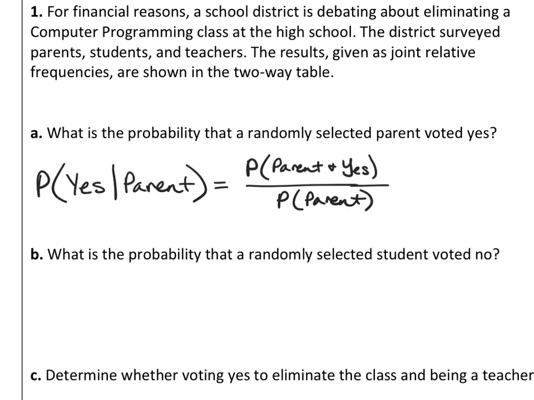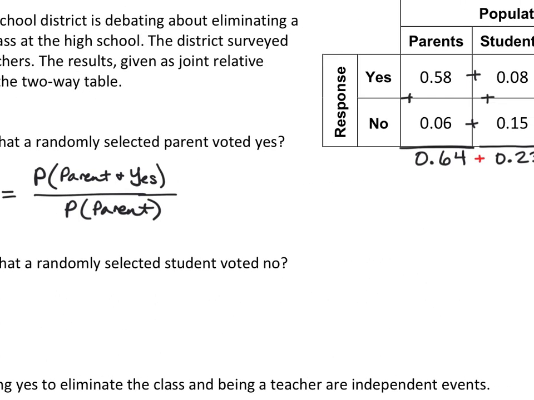Now our table already gives me these relative frequencies, so I don't have to make it fractions here. I already have the decimal fractions for each of these out of the table. So if we look in the table, what percentage of parents voted yes? 0.58.